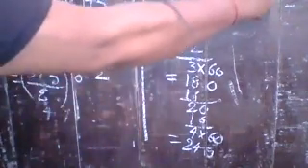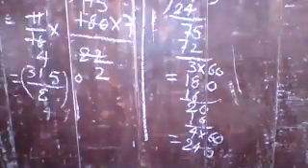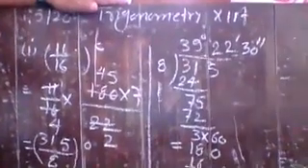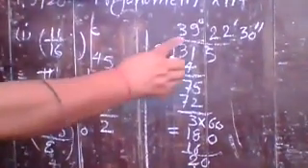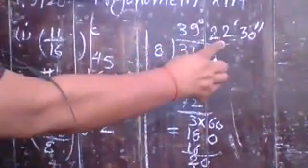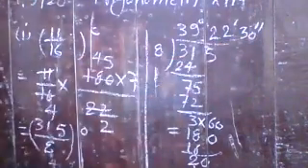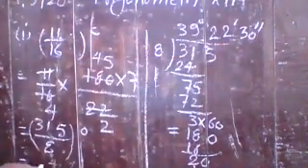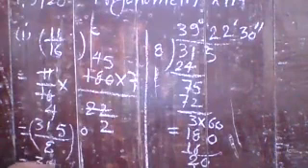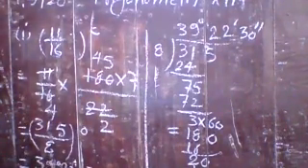So you have 30 seconds. So your final answer is 39 degree 22 minutes 30 seconds. So you have to write in this way.